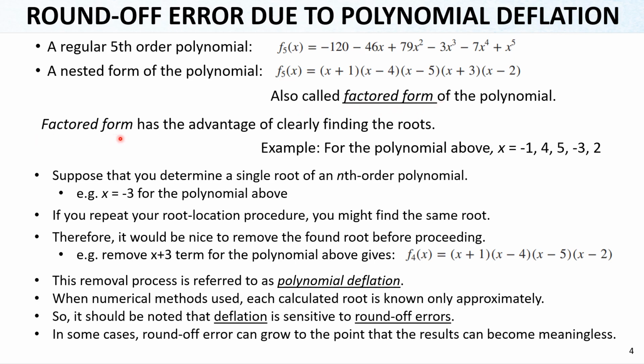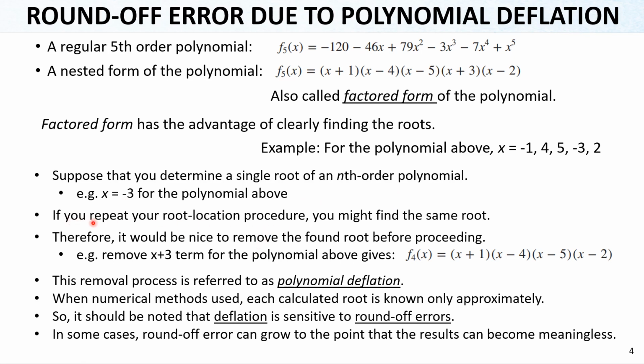So this factored form has the advantage of clearly finding the roots, because we can easily find roots from these. For example, let's say for this fifth order polynomial we have these roots, because when we set this equal to 0, all these values will be the roots, actually the negative sign of these. Suppose that in a numerical method we identified one of these, let's say x equals minus 3. We determine a single root for an nth order polynomial, x equals minus 3, for instance.